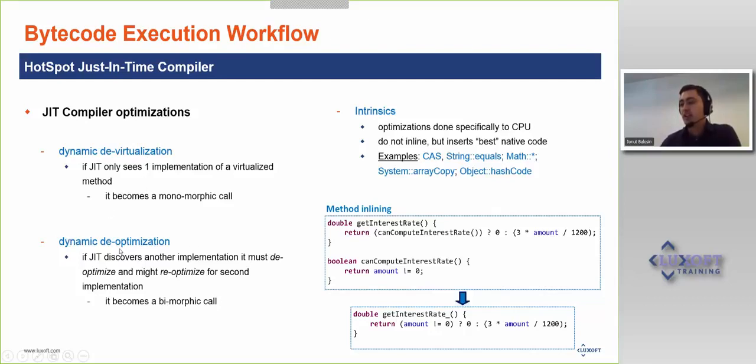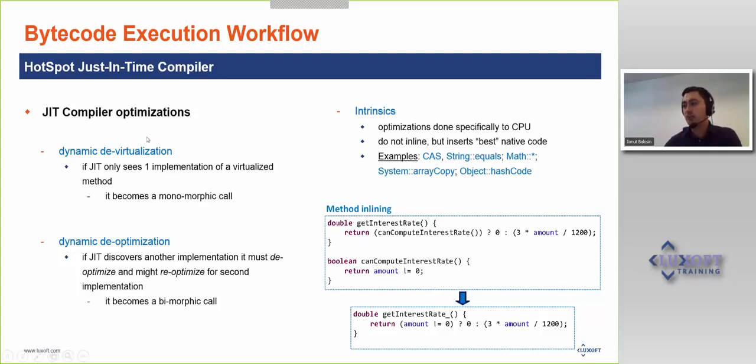Dynamic devirtualization has another side to it. After a while, if I have another extension of my base class, and the method foo is also overridden there, and I call foo on the second implementation, the compiler says: what I did before is no longer valid, because I thought it was a monomorphic call, but now I see there is another implementation of my method.